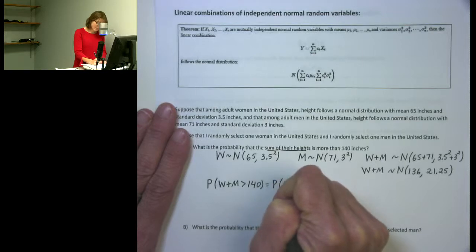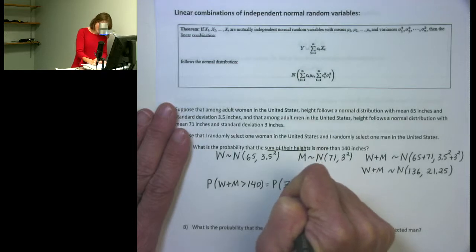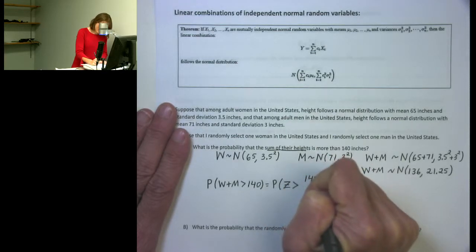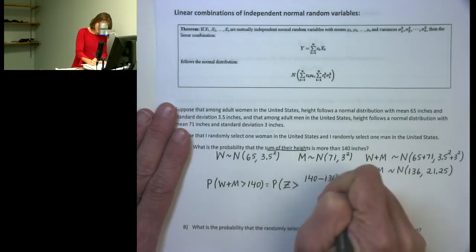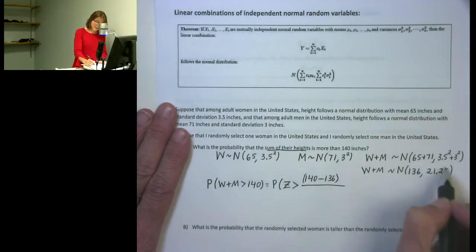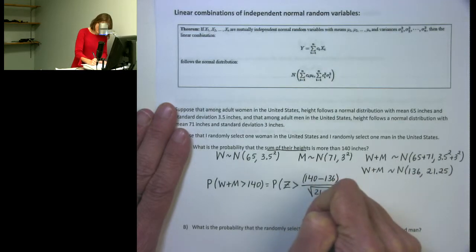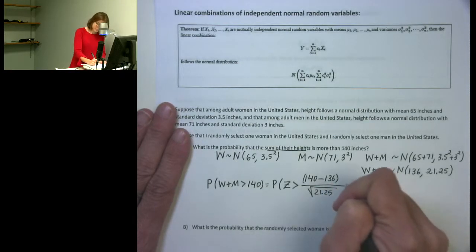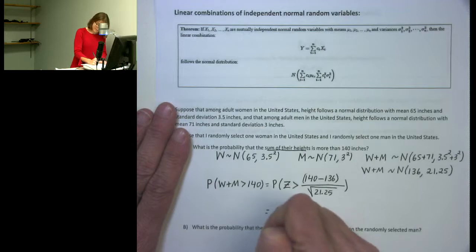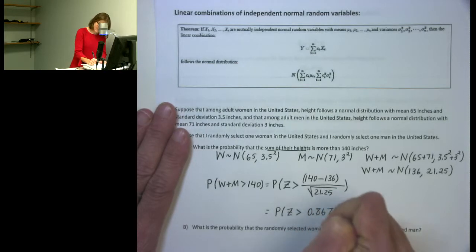That's the same as the probability that a standard normal random variable would be more than 140 minus the mean of this distribution divided by the standard deviation of this distribution, so that's the square root of 21.25, because we have the variance here, which is the probability that a standard normal, Z, is greater than 0.8677.